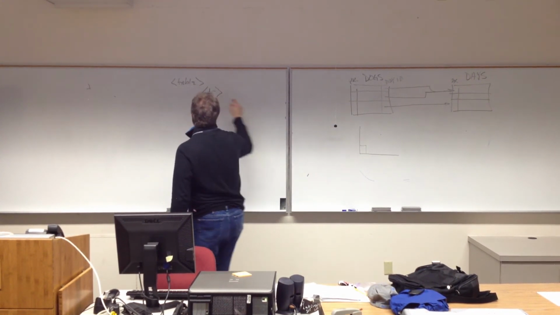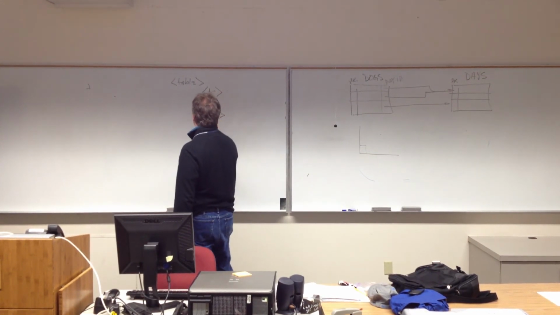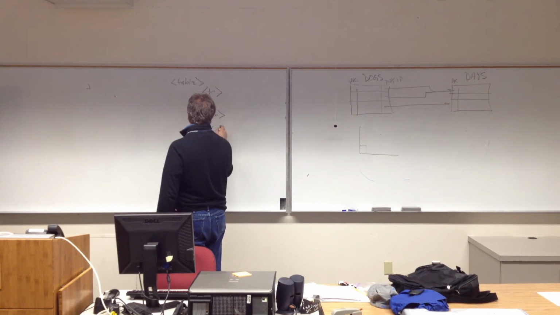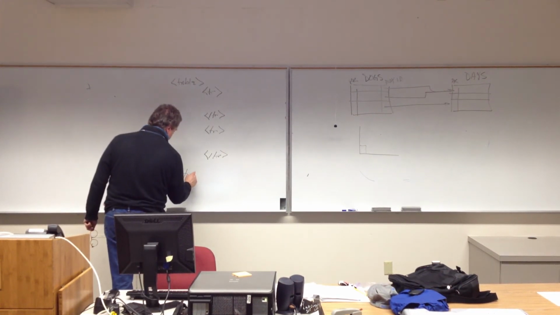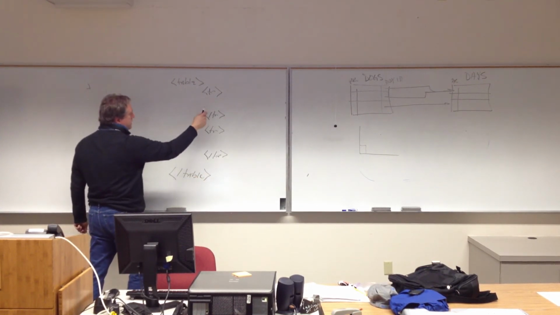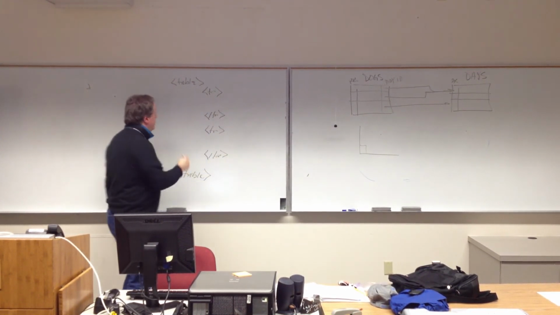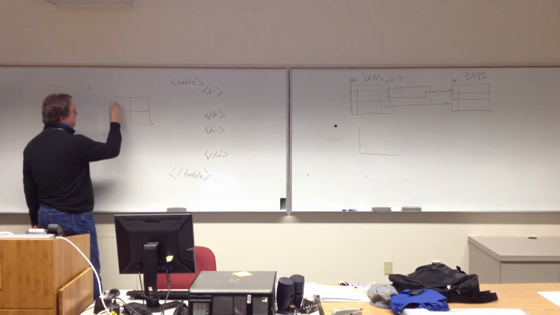So TR. Sorry folks. So this is a 2-row table. Header opening, closing tag. It's got 2 columns. I'm making a table that looks like this.